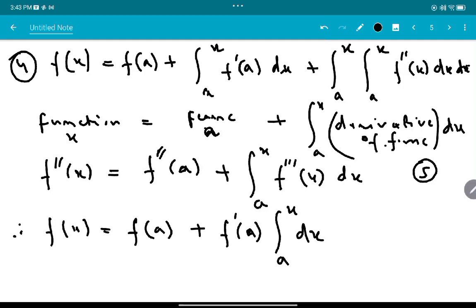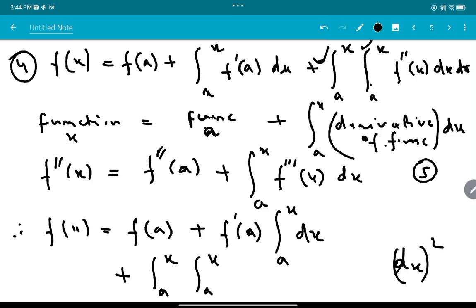Since the term will become large, I don't have space here, so I will write it here: plus the two integrals that it already has, a to x, and just replace f'(x) with this, leaving behind two dx's, dx into dx, or we can say dx squared.